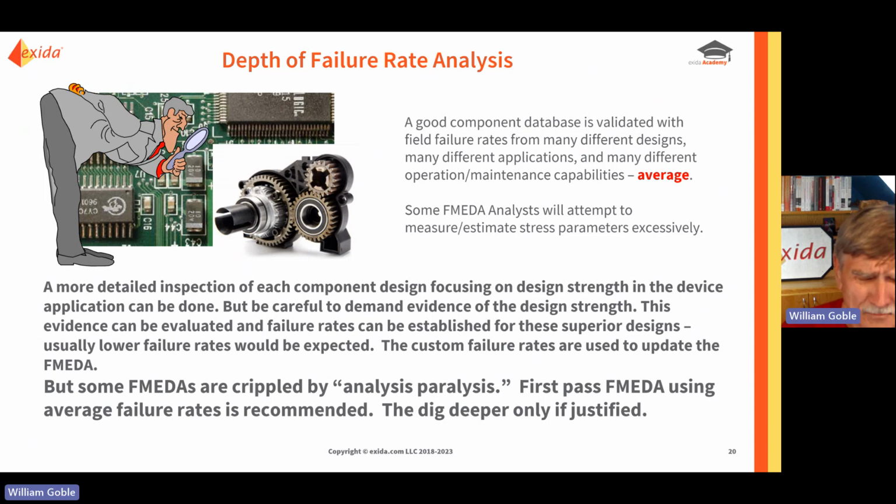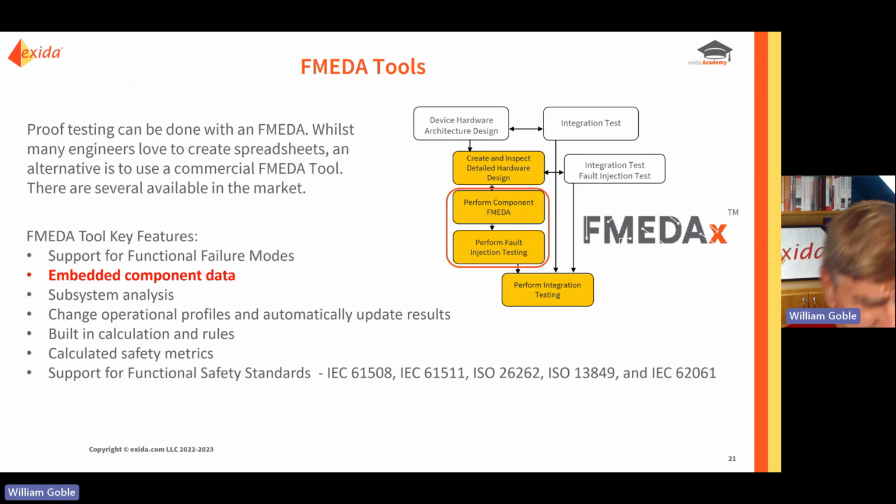He spent an extra 10 weeks. Was that time and the cost of that justified? Probably not. It can be done, but make sure if you're going to dig deeper, it's completely justified.